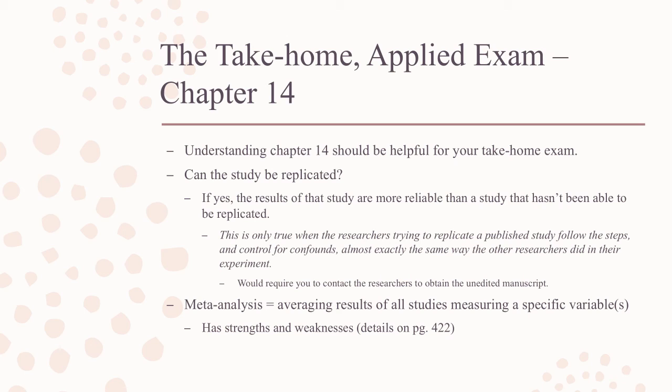It's only true when the researchers trying to replicate a published study follow the steps and control for confounds almost in the same exact way that the prior researchers did. And to have that happen, to get the step-by-step, you're going to have to contact the researchers and ask for their unedited manuscript, basically the manuscript before they sent it to get published.